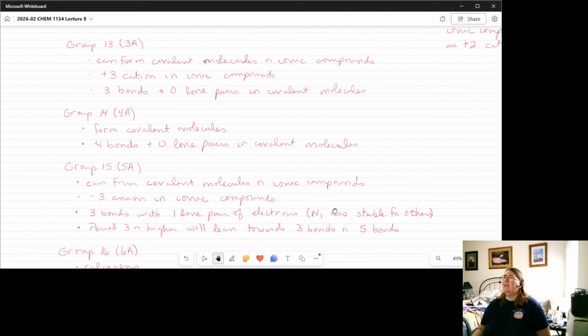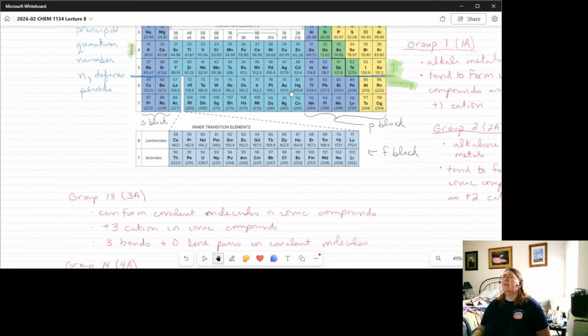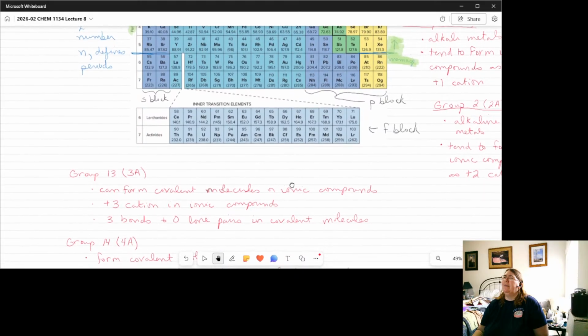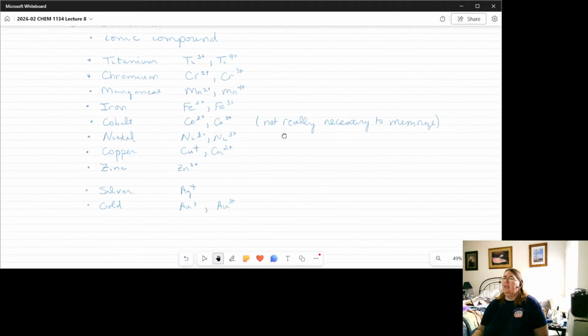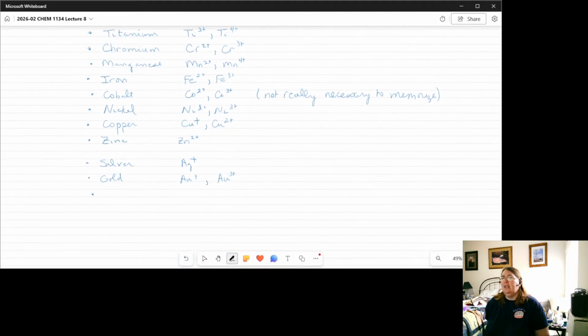Let's see, any others? In terms of ions, the only other one that is important for this class is mercury. We don't work with mercury that much anymore.